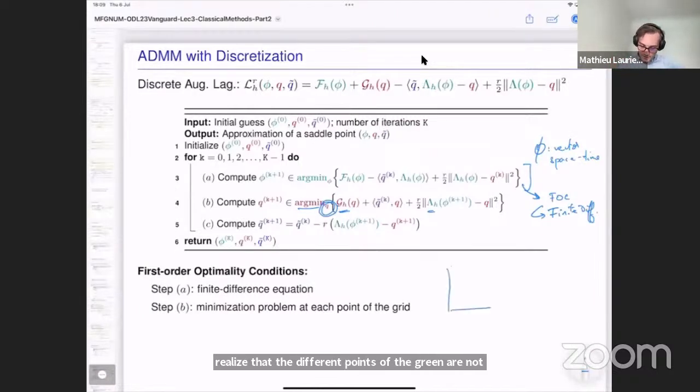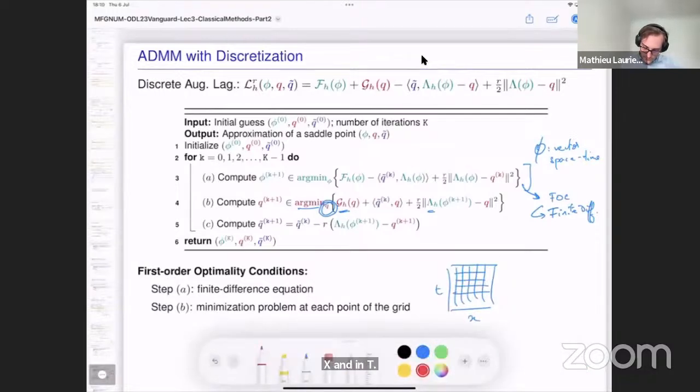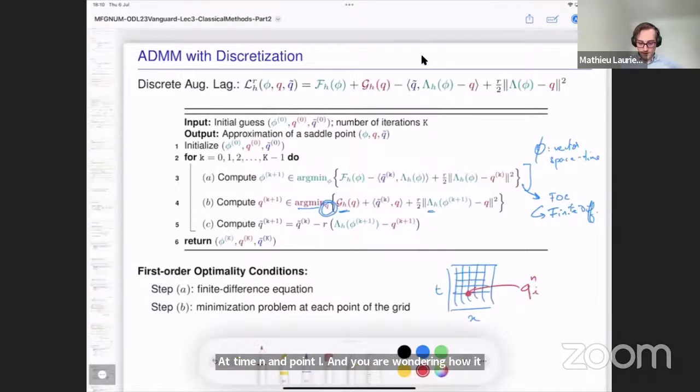So what I mean by that is you have your grid here in X and in T. And if you look at, let's say, Q at time N and point I, and you are wondering which role it plays in the argmin, well, in fact, it plays a role just by itself.